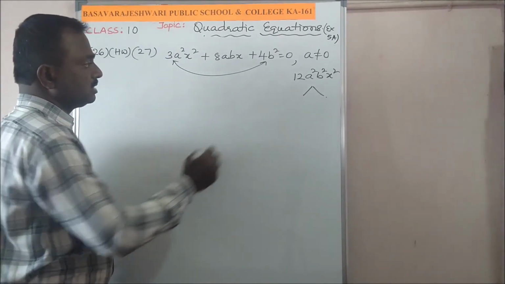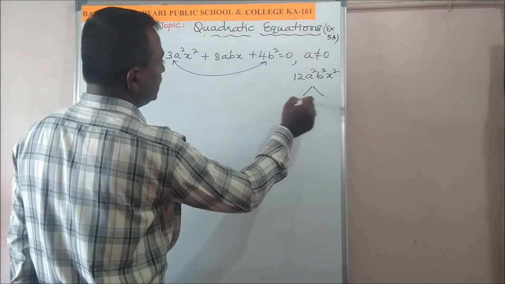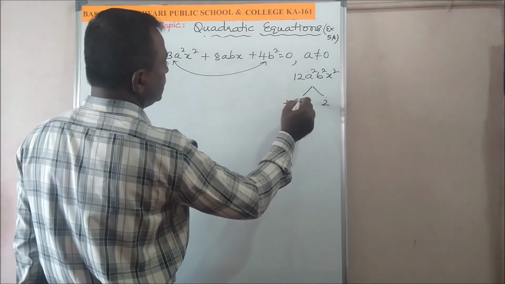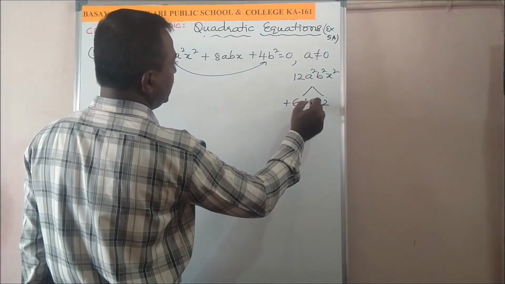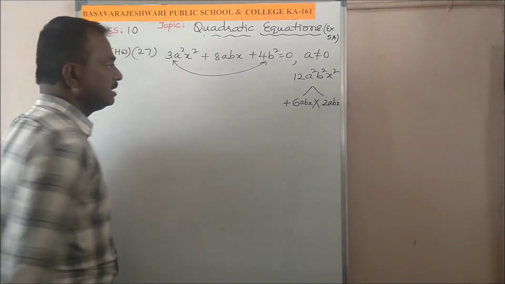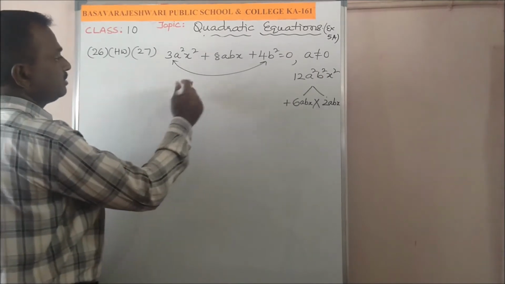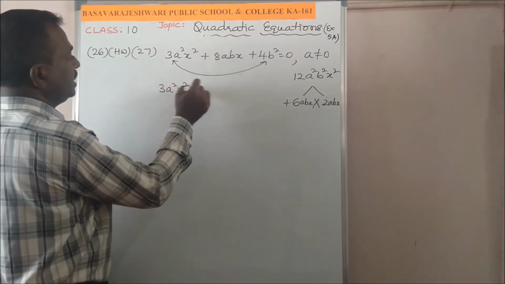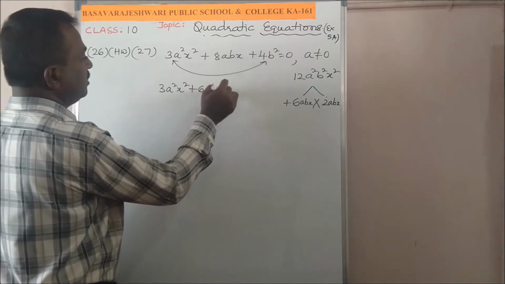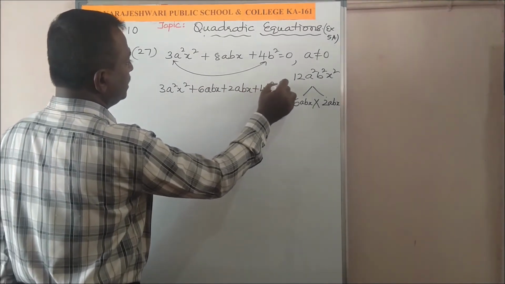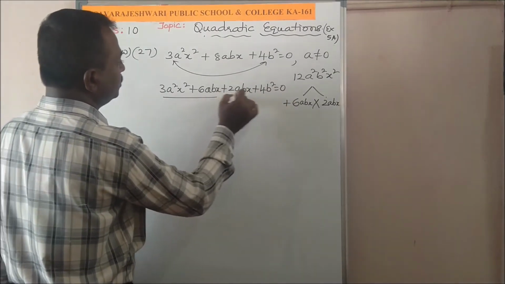So 6 2s are 12, 6 plus 2 is 8, so 6abx and 2abx. So 3a square x square plus 6abx plus 2abx plus 4b square is equal to 0.